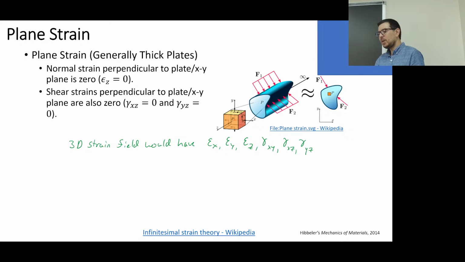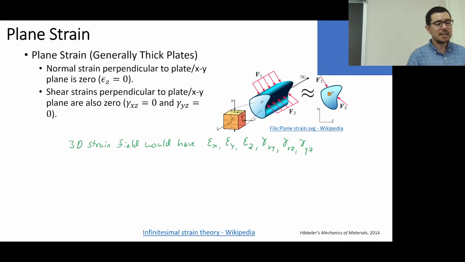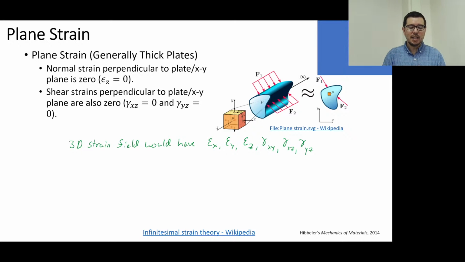Sometimes we violate some of these conditions, but the general idea is that this is going to be a thick plate. Why and how is that so?